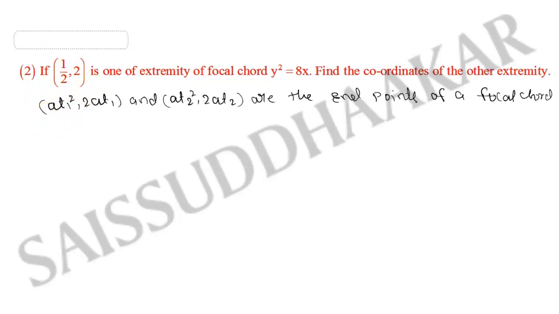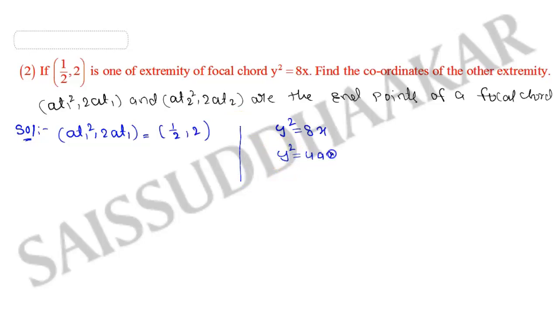Now the solution. Here I am taking the first point (a t1 square, 2a t1) equal to the given point (1 by 2, 2). One more equation, the parabola, is given: y square is equal to 8x. We need to compare the given parabola equation with the standard formula y square is equal to 4ax.